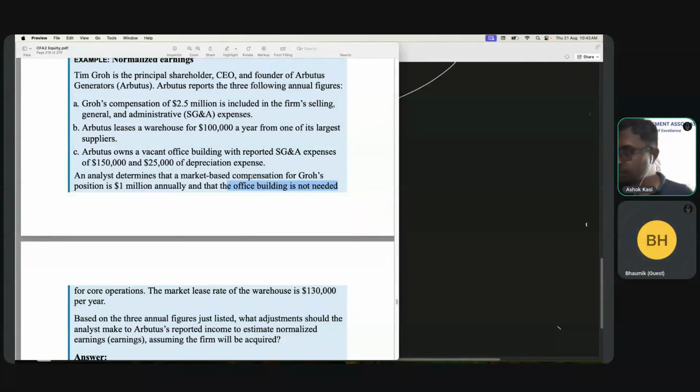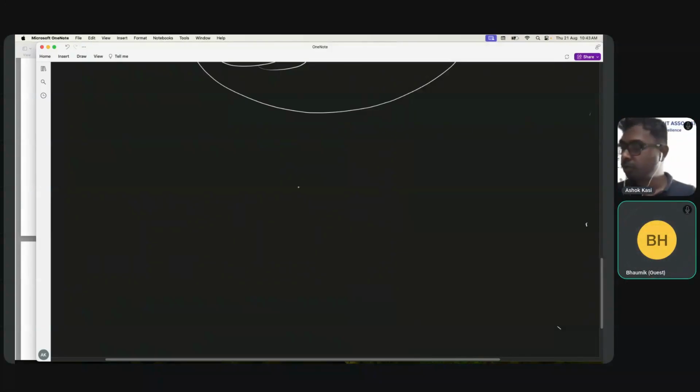Compensation is 2.5 million, but the market compensation is 1 million. That means if you acquire, you will get an extra 1.5 because you have to pay only 1 million. So plus 1.5 because of salary.